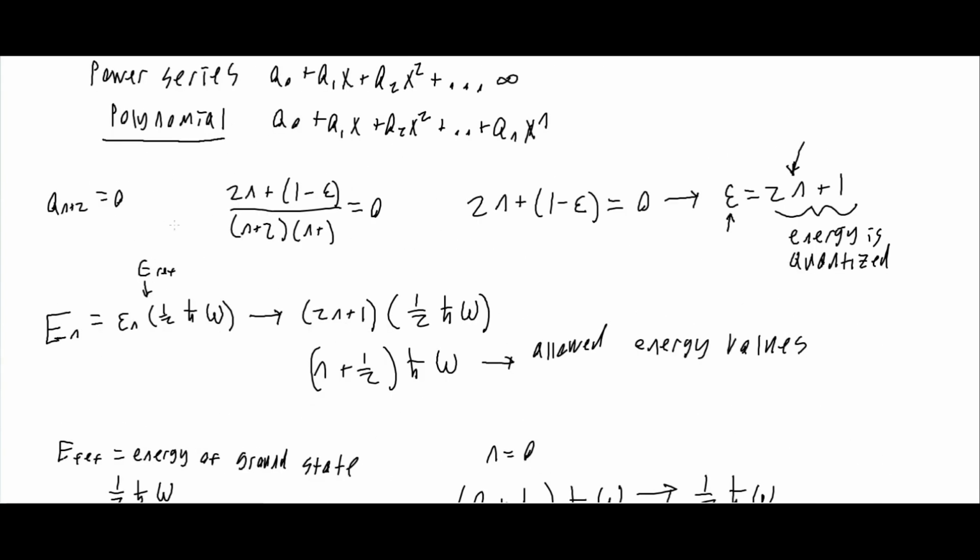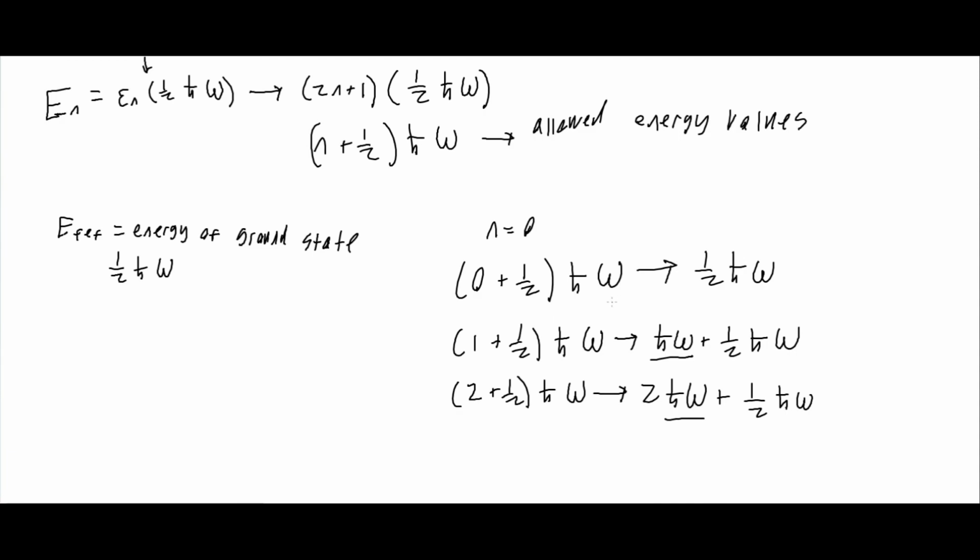So at some point, this a would have to become equal to 0, and for that to happen, this right here would have to be equal to 0, because the a before it that you would be multiplying this by, the a_n, would not be 0. So this top part had to be 0. So we said epsilon had to be equal to 2n plus 1, and that gave us our allowed energy values for the quantum harmonic oscillator.